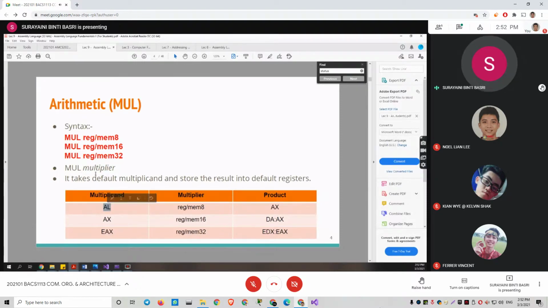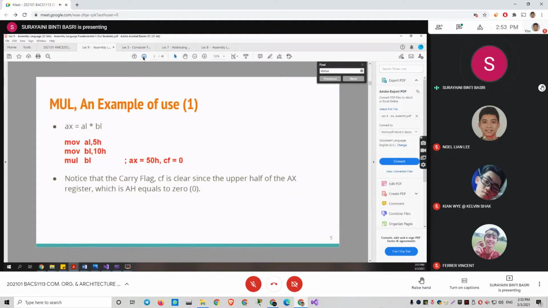We only need to write mul with the multiplier. This means that when the syntax is mul with a multiplier, the computer already knows that this multiplier will be multiplied with the multiplicand, AL. We will see the example in our next slide.